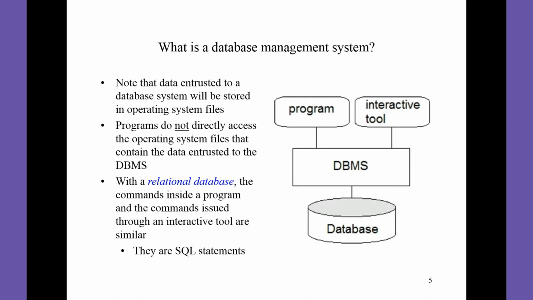So programs do not directly access the operating system files that contain the data. The requests go through the DBMS. With a relational database, commands inside a program and the commands issued through the interactive tools are similar. They are both written or constructed using this language called SQL.